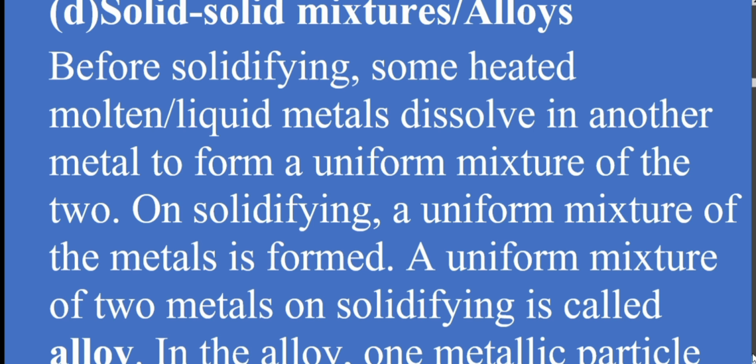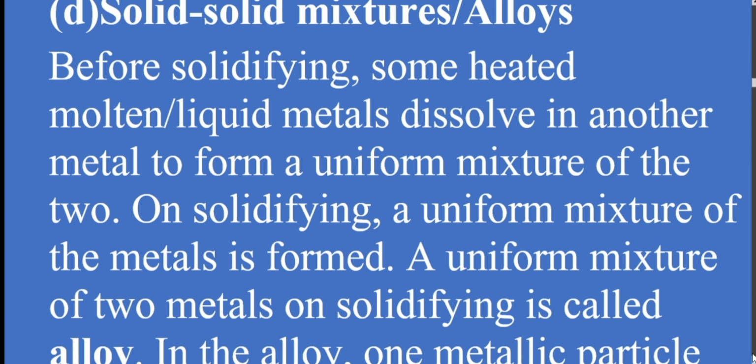So we are saying that we can heat a solid to form a molten metal or a liquid metal, and after having heated them, they will dissolve in one another to form a uniform mixture of the two.